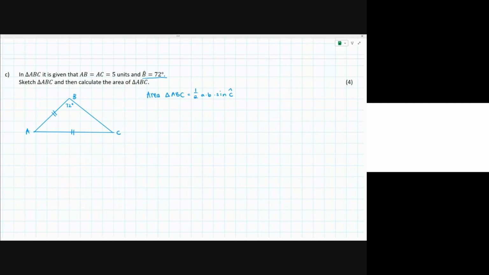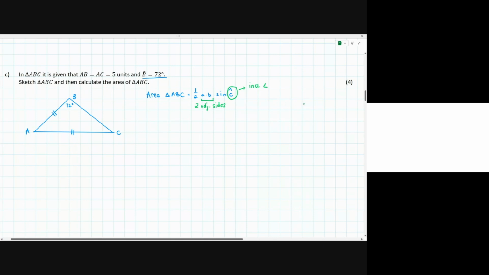So the AB situation, these are two adjacent sides. So two sides that share a vertex, AB and AC, AB and BC, BC and AC, they must share a vertex. This angle over here will be the included angle.